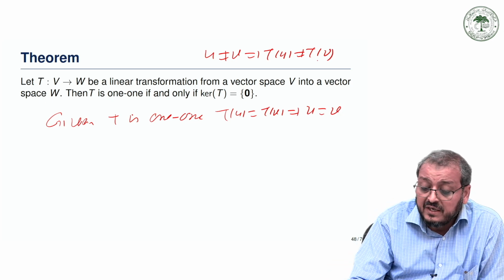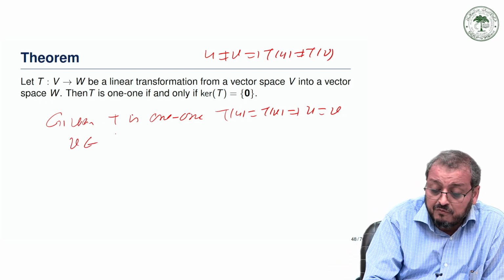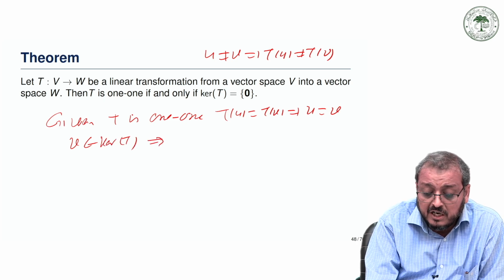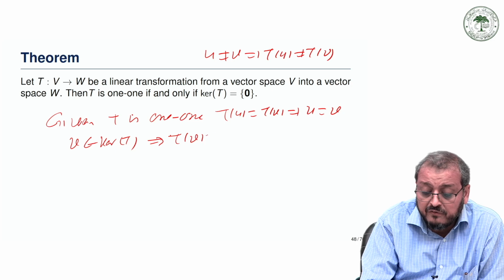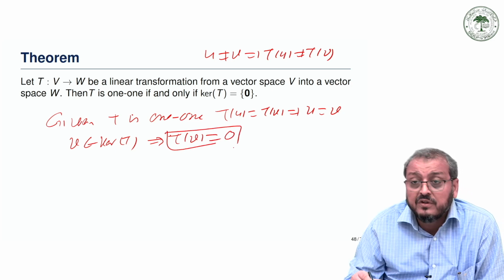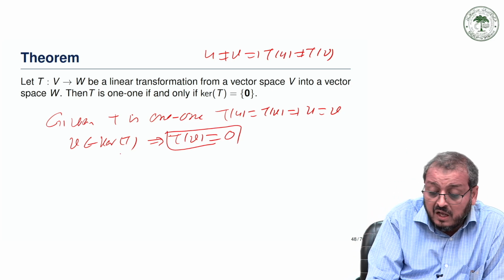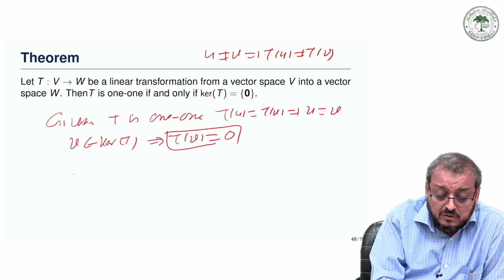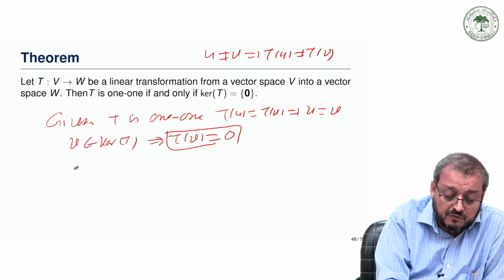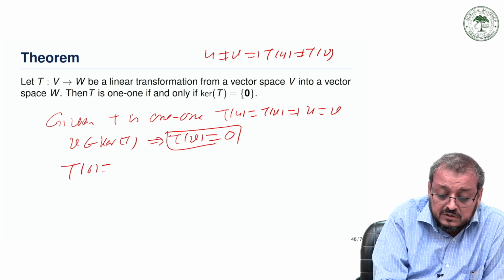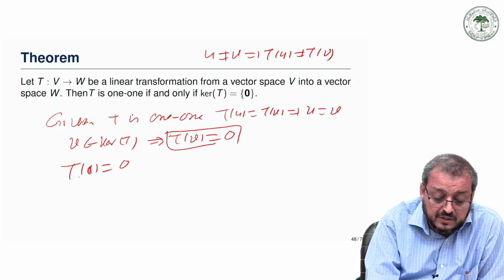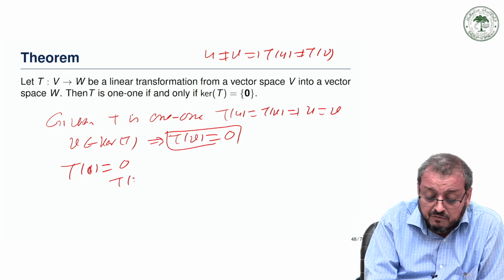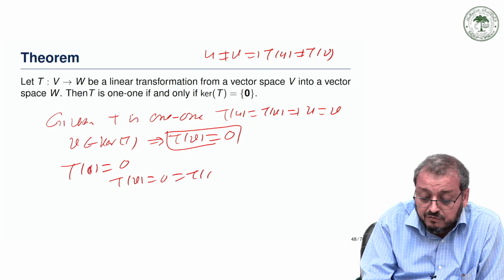Okay, now assume that V is an element of the kernel of T. If V is an element of the kernel of T, that means T of V is equal to 0 by the definition of the kernel, and we also know that T of 0 is also 0. So that means T of V is equal to 0 is equal to T of 0.